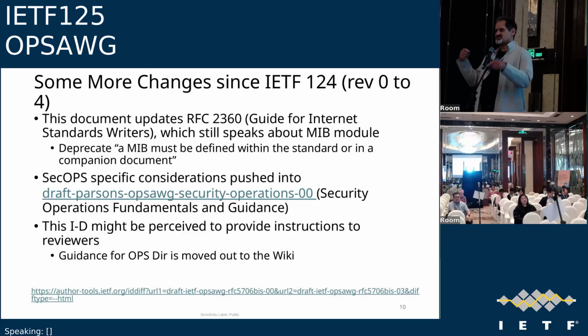And this discussion sparked a new draft that will be presented today by Michael, dedicated to SecOps. If we had the entire SecOps draft inside our draft, it would be a little bit too big, and we believed it would deserve its own draft. This draft might be perceived as providing instructions to reviewers like the Ops Directorate, but actually we moved that part out to a specific wiki for the Ops Directorate.